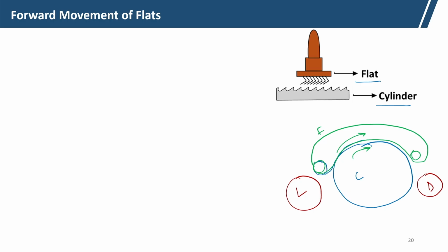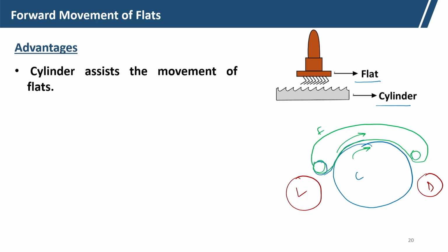So, in the forward movement of the flat, the cylinder surface and flat surface move in the same direction. So, the advantage we get is that the cylinder assists the movement of the flat. With the cylinder direction, we can get the drive for the flat, it assists the movement of the flat.